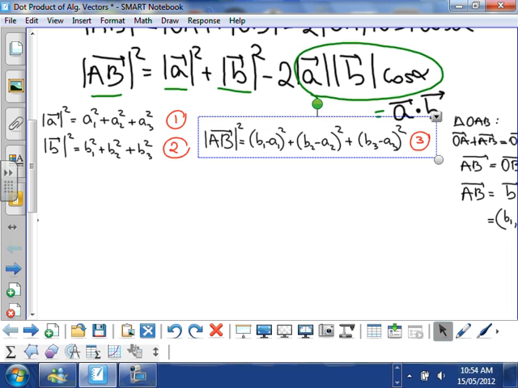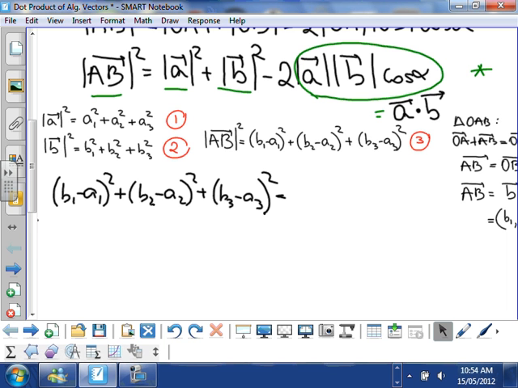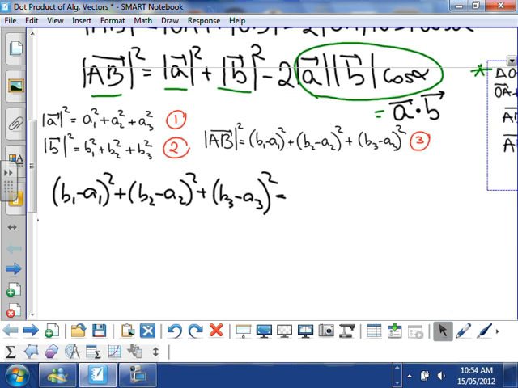So this expression, the green expression, becomes b1 minus a1 squared plus b2 minus a2 squared plus b3 minus a3 squared equals magnitude of a squared.